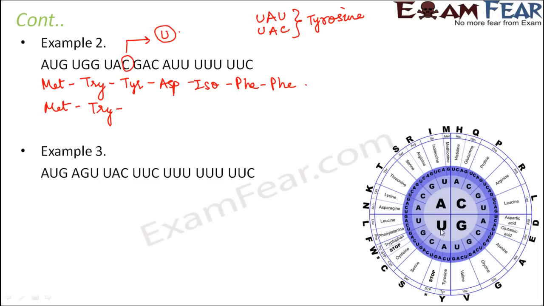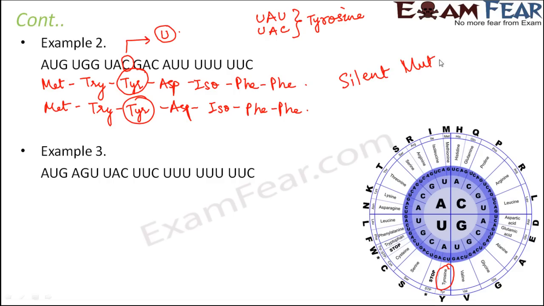So earlier it was tyrosine and now also it is tyrosine. This type of mutation, where there is a change in the base but the result is not affected, is known as silent mutation. That is, silently the base has been changed but there is not much impact on the phenotype. So this is called silent mutation.